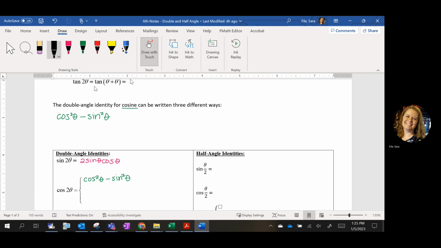Now, the way I could rewrite this or manipulate this or use other identities to substitute parts of this, what substitution do you think we could do?